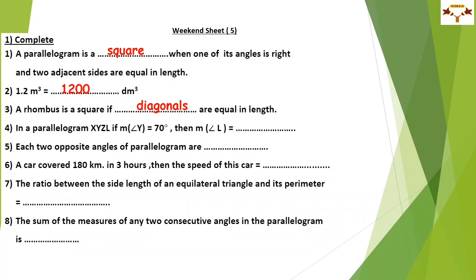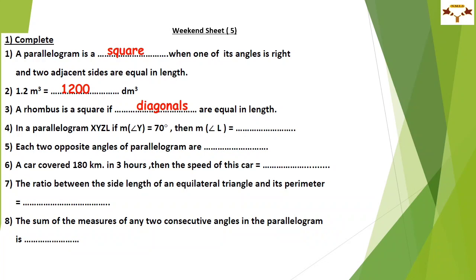Number 4. In a parallelogram XYZL, if measure angle Y equals 70 degrees, then measure angle L equals blank. If you draw the parallelogram XYZL, you will find that angle Y and angle L are opposite angles.